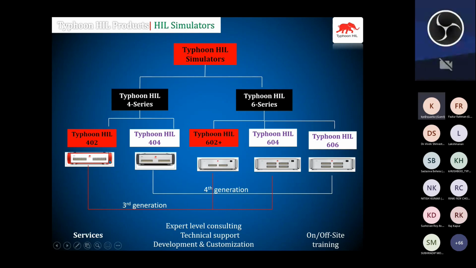So these are the pins you can find here. Then in 604, you can find that you have the 4 ports: 1, 2, 3, and 4. Similarly, for 606, you are also having the 4 ports. Actually, 606 is the combination of 404 and 604.